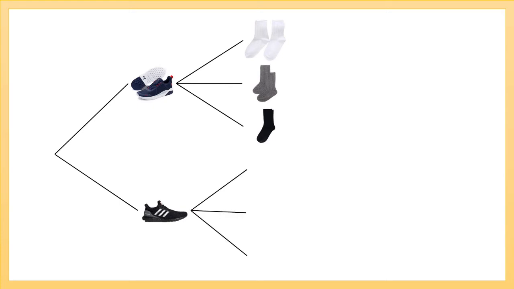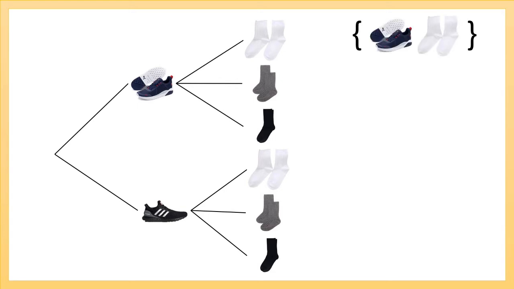One of the ways to answer this question is by using tree diagram. We have two pairs of shoes, blue or black. When we choose the blue shoes, we can match with three colors of socks, which is white socks, gray socks, or black socks. Same thing happens when we choose the black shoes to match with white socks, gray socks, or black socks. Then what are the ways that we can match them?